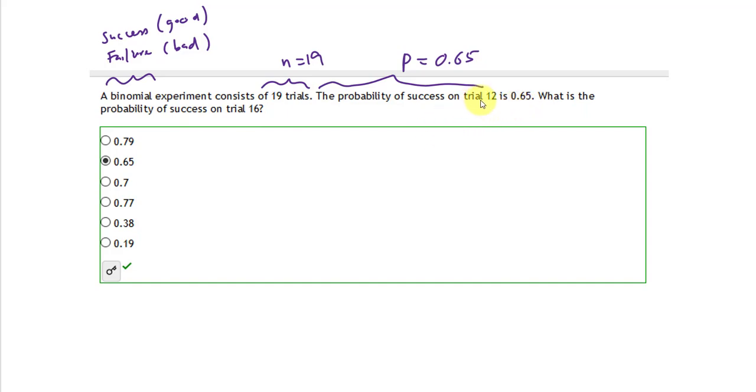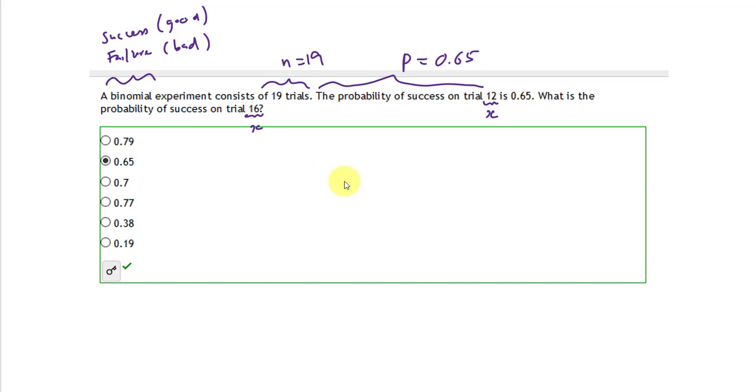So how do we do that? Again, n is 19 trials, which is everything, and 12 is the individual trial for x. We call this x, and this is another x. So in this case, we are looking for the probability of getting success on trial 16.